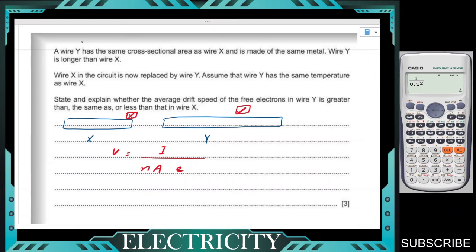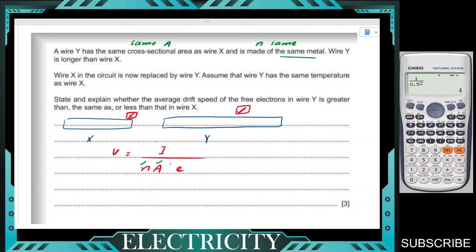For example, current. Okay, charge carriers number density would be same because it is made up of same metal. So the number of charges per unit volume would be same. Same cross-section area is given over here.